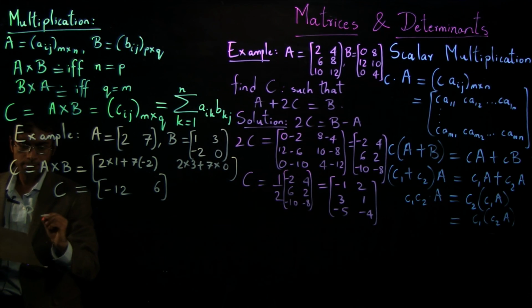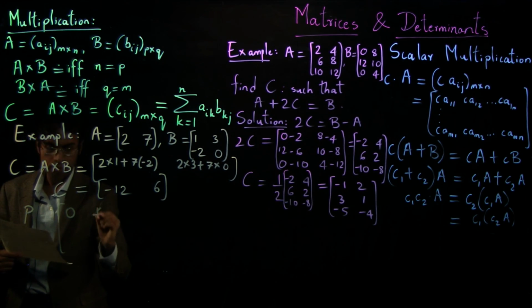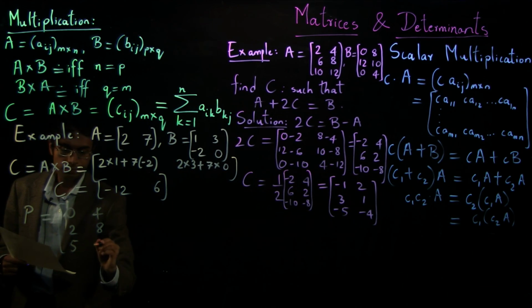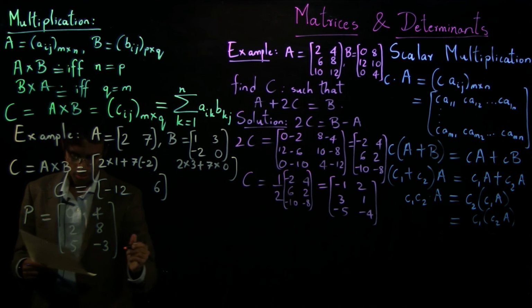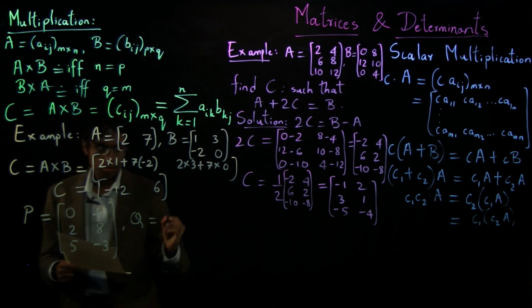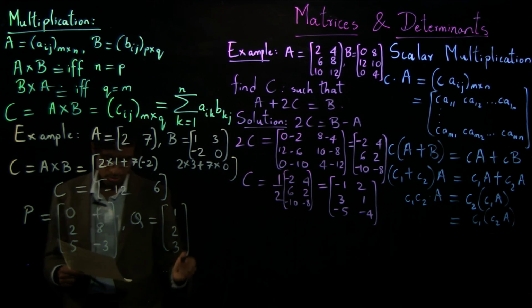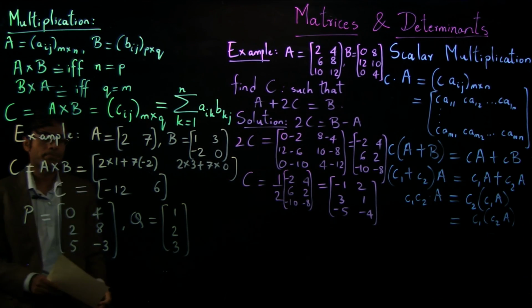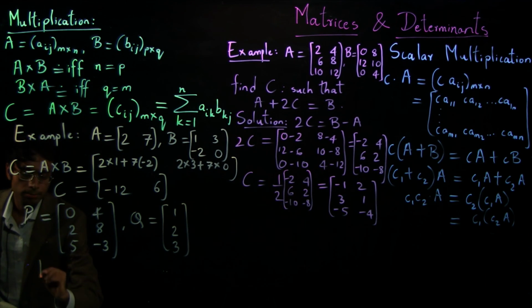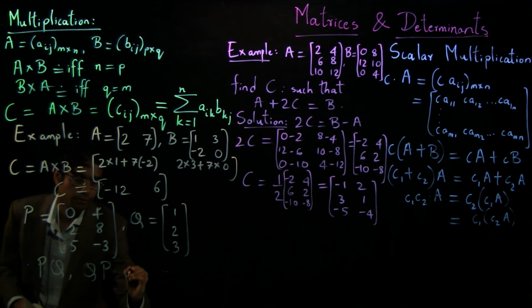If you have P equals 0, 4, 2, 8, 5, minus 3, and then Q equals, let's say, 1, 2, 3. I'll leave it to you as an exercise to show that both PQ and QP are undefined.